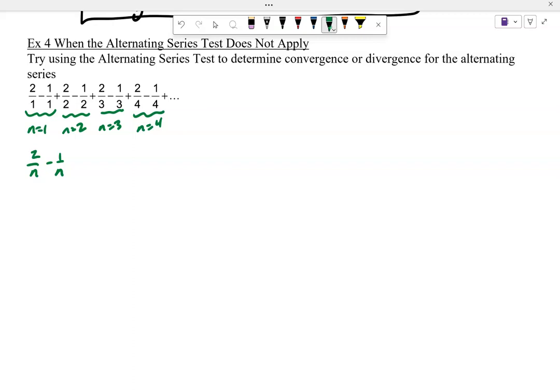You see that? So this is 2 over n minus 1 over n. The signs do alternate. You can write that, that's a common denominator. So I got 2 minus 1 all over n. So it's just 1 over n. All right?